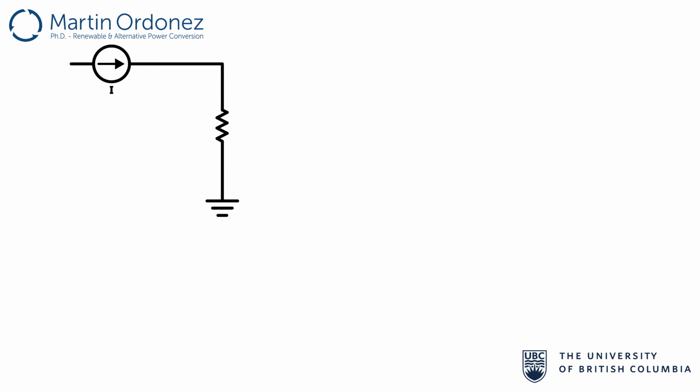When current flows through a resistance as shown, a voltage drop between the terminals of the resistance is created. The relationship between the current, the resistance, and the voltage follows Ohm's law. I is equal to V over R.